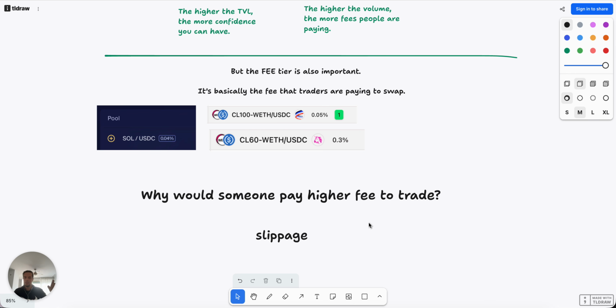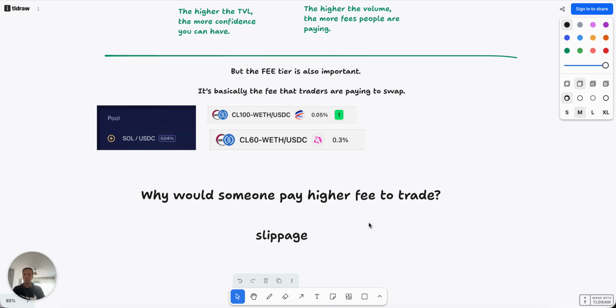By the time it calculates the best possible price, and by the time you click on swap and confirm the transaction, any changes in that pool will affect the value that you receive as well. So this is known as slippage. You could be swapping exactly 10K, but you can get less or even a bit more depending on the slippage situation and the price movement at that specific time.